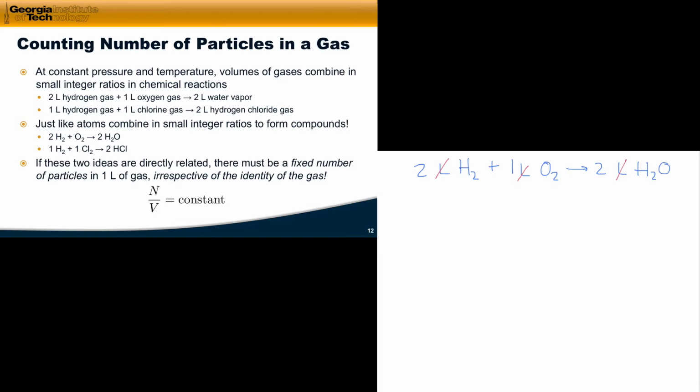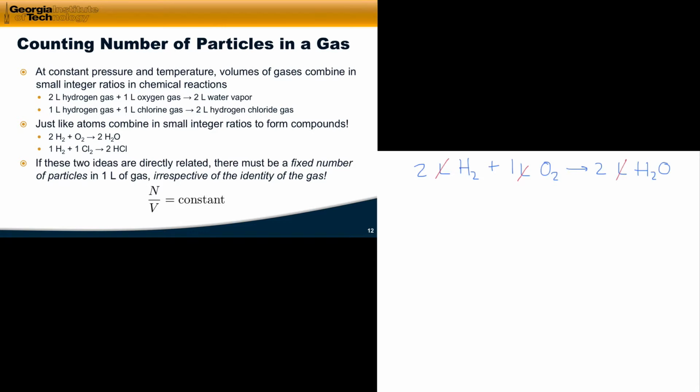Just like atoms combine in small integer ratios to form compounds, gases combine in small integer ratios of volumes to form integer volumes of products. And if these two ideas are directly related, as Avogadro surmised that they were, then that means there must be a fixed number of particles in a liter of gas, no matter the identity of the gas.